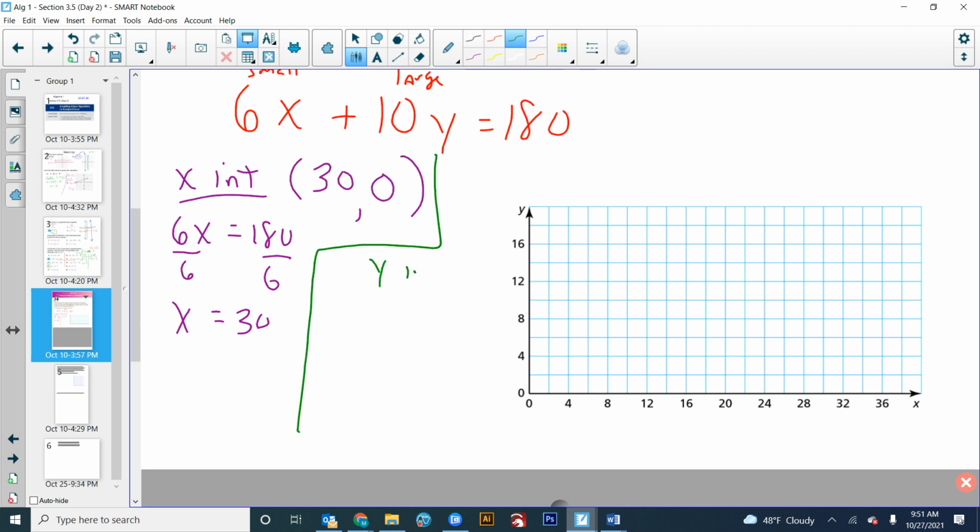Let's get our y-intercept. What do I put in for 0 in the y-intercept? 0 in for x. Okay, Mary, does that make sense why we're doing that? All right, good. So I'm going to put 0 in for x.